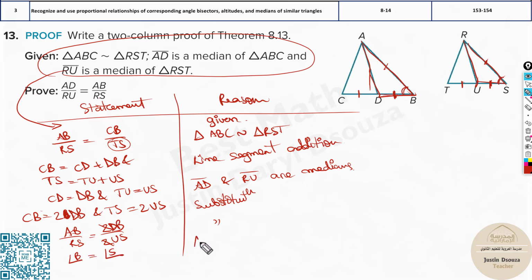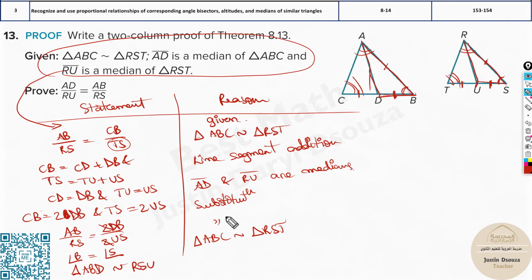Why is this? Because triangle ABC is similar to triangle RST. It's given, right? When they are similar, all the angles are equal. This angle will be equal to this one. Now then, can you see triangle ABD is similar to triangle RSU.